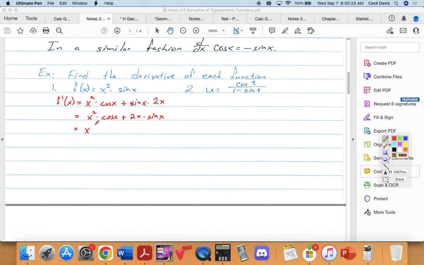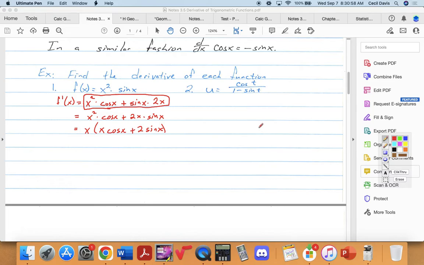So you could have x times (x cosine x plus 2 sine x). You'll see that sometimes as well. Just don't be freaked out by the way that they'll simplify things. As far as the test for this class is concerned, unless it's a multiple choice question, feel free to leave it like this. I don't think doing either of the other things really simplifies your answer.